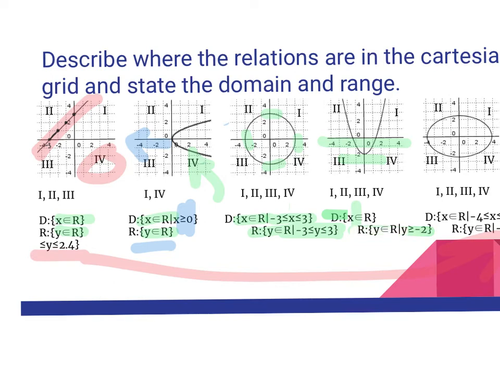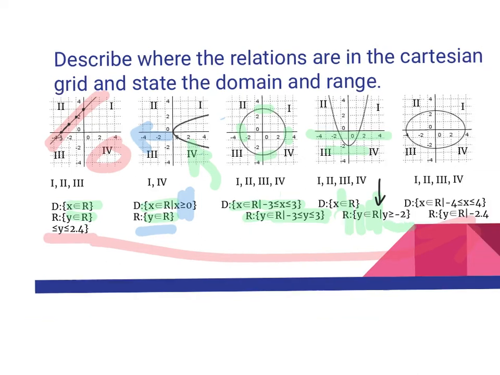So the range on this one, because we have a restriction, you would read this that says the range is y is in the family of real numbers, such that, that's what this little line is here. When you read that vertical line, it reads such that, and then you carry on with y is greater than or equal to -2, and then you close your bracket with your squiggly bracket.